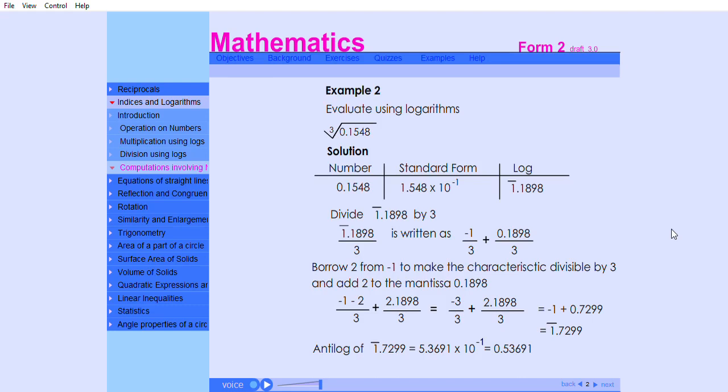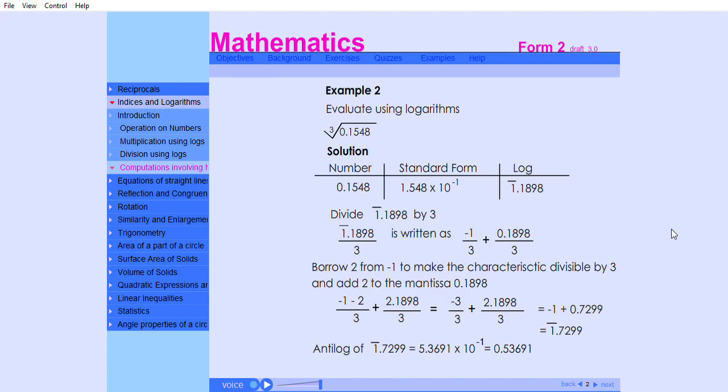Borrow 2 from -1 to make the characteristic divisible by 3 and add 2 to the mantissa 0.1898. -1 minus 2 over 3 plus 2.1898 over 3 is equal to -3 over 3 plus 2.1898 over 3, which is equal to -1 plus 0.7299, which is equal to bar 1.7299.